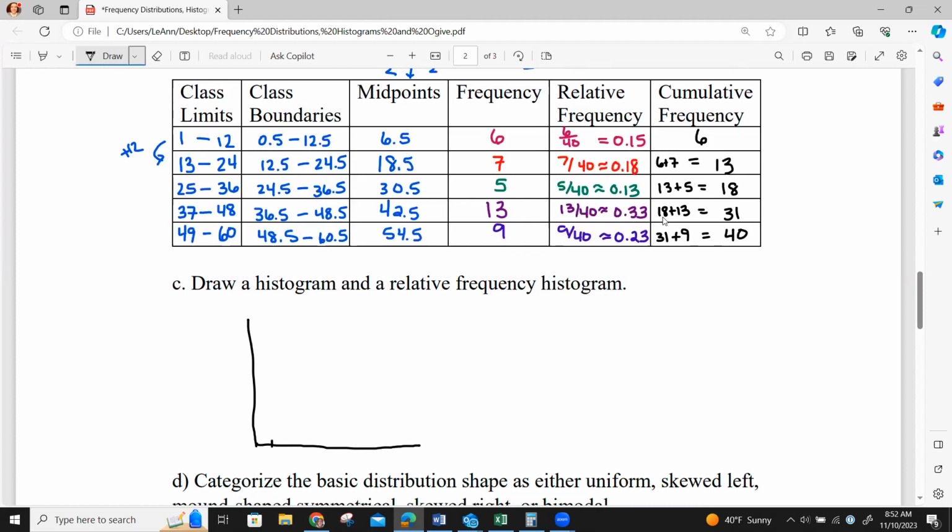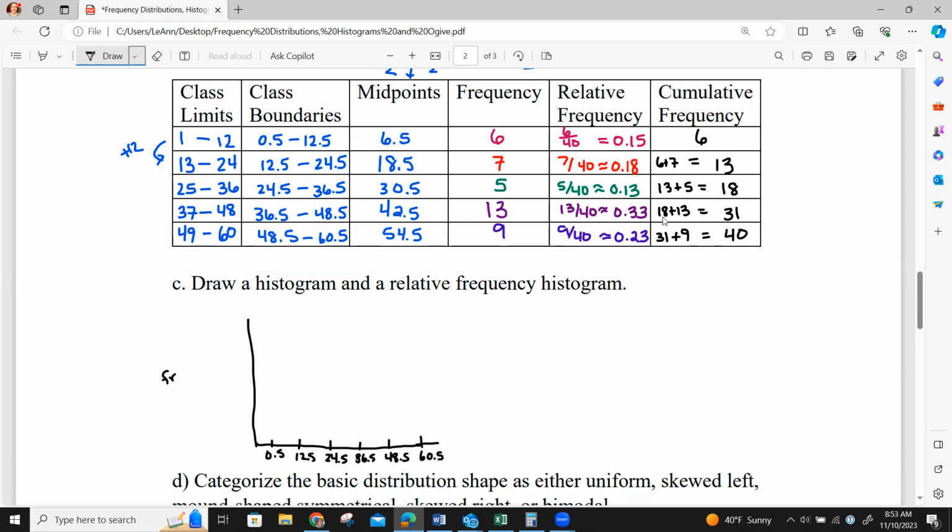So we're going to label 0.5, 12.5, try to make these evenly spaced, 24.5, then we'll have 36.5, and then 48.5, and then 60.5. The highest frequency we got to was 13, so maybe I'll count by twos on my y-axis.